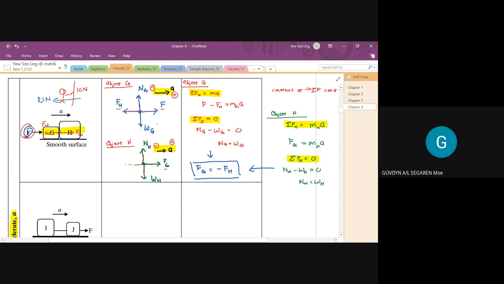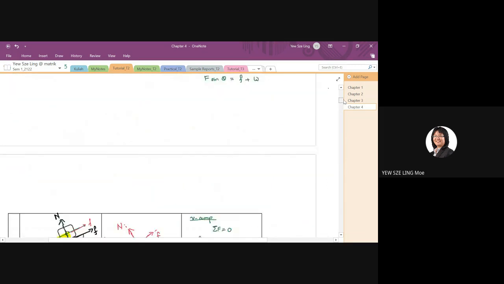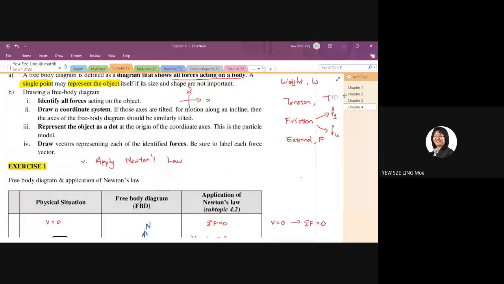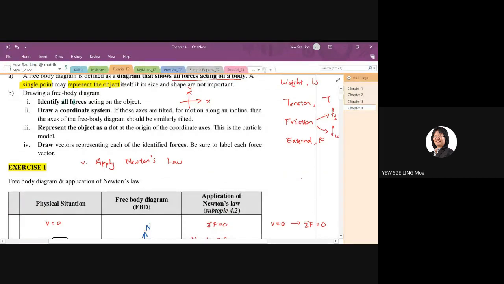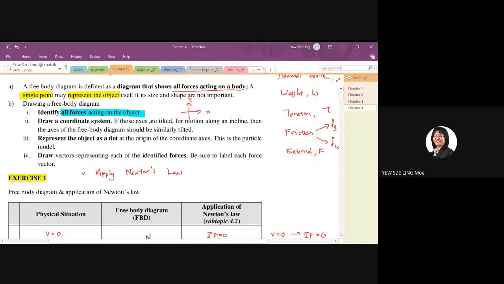Why is FH not drawn on the left side of the body diagram? Now you go back to the definition of a free body diagram. In a free body diagram, what you're looking at is the force acting on the object. That is the main thing. It shows you all forces acting on the object.